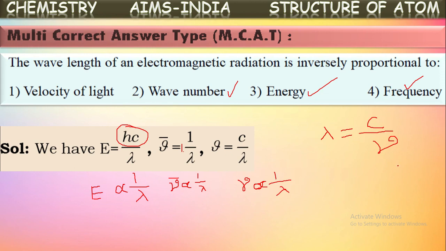If frequency is constant, then wavelength will be directly related to velocity of light. So it won't come here, because wavelength is not inversely proportional to the velocity of light. Except that, the remaining three characteristics are inversely proportional to the wavelength of that radiation. So the answer will be these three.